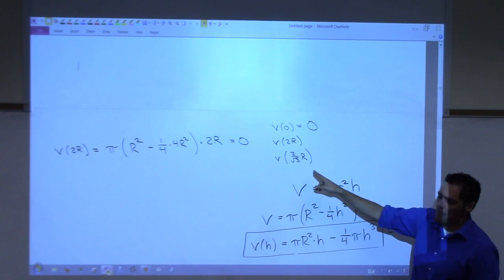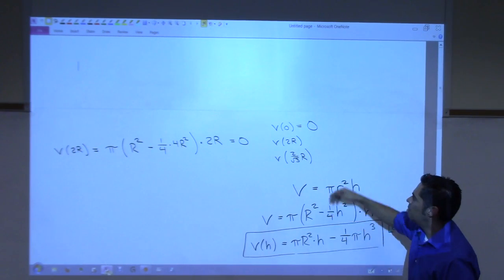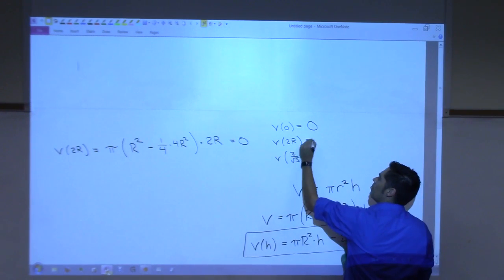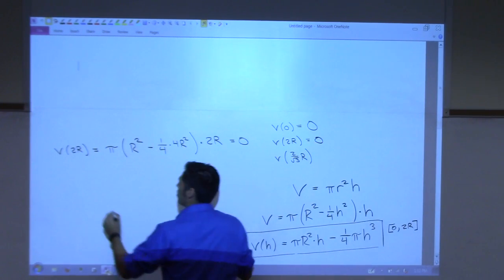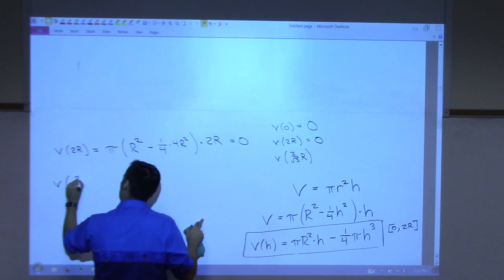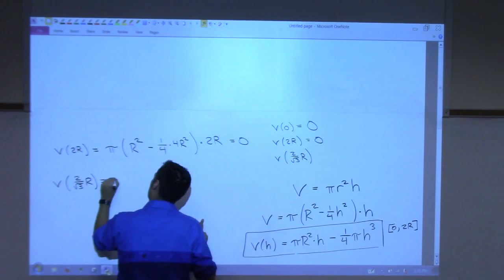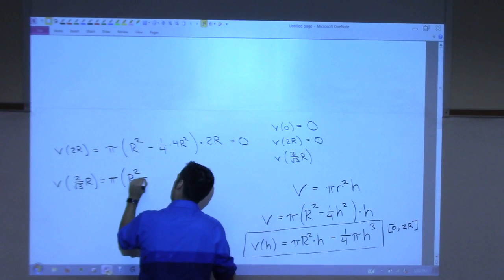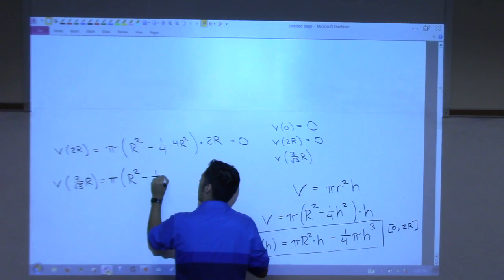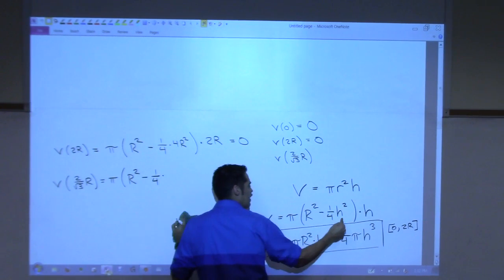So this has got to be where the maximum is then, because if those are both giving you zeros, then... But what is the maximum volume? Well, it's V of 2 over root 3 R, which is pi times capital R squared minus 1/4 times, now, let's square the h.